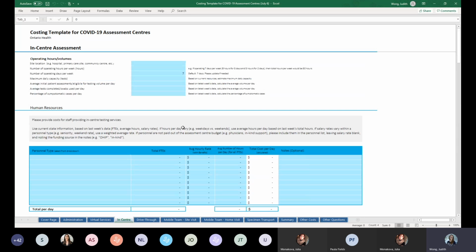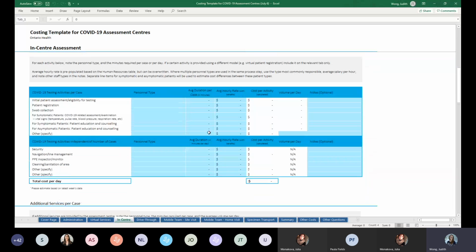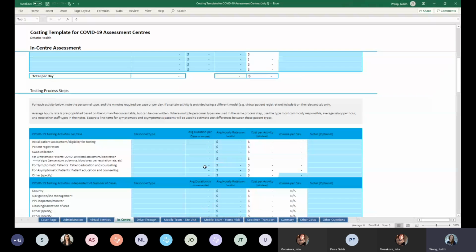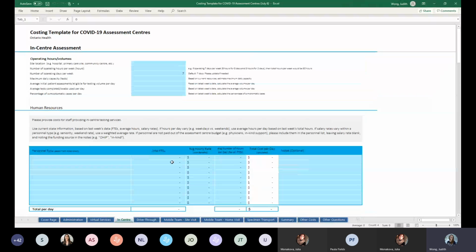If that's the case, you can fill out 1 template, enter your total FTEs and your total hours across all 3 sites in the top table, and enter your average or typical patterns in the tables below. That's perfectly acceptable, and we'll take that as the sort of average and total cost across all your sites.